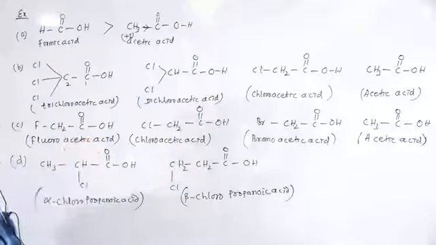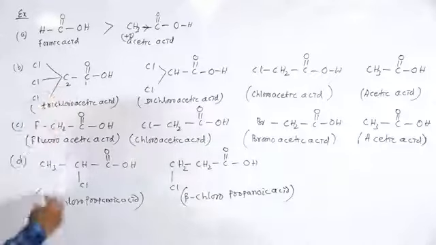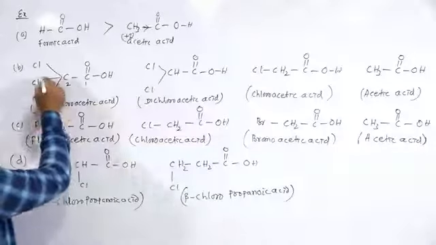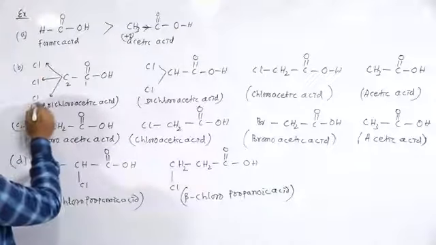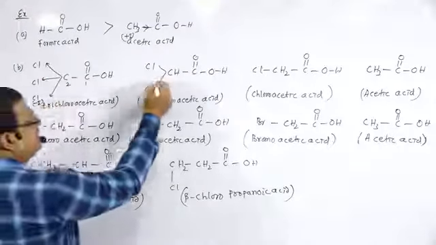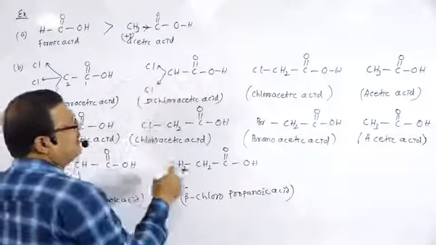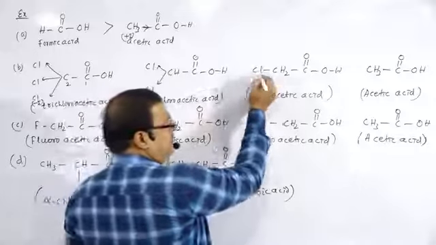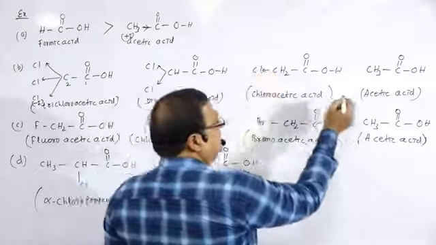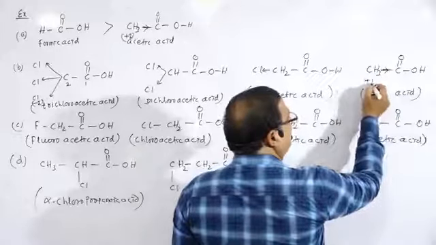If we take all these examples, in this case there is the presence of 3 minus I groups, that is electron withdrawing groups. In this case, 2 minus I groups, electron withdrawing. Then in this case, 1 electron withdrawing group. And in this case, that is acetic acid, this is your plus I group.